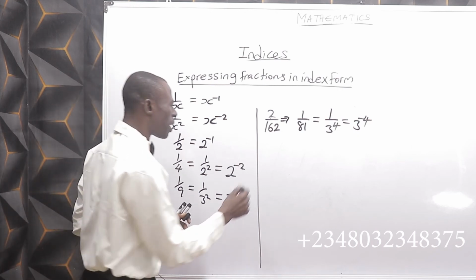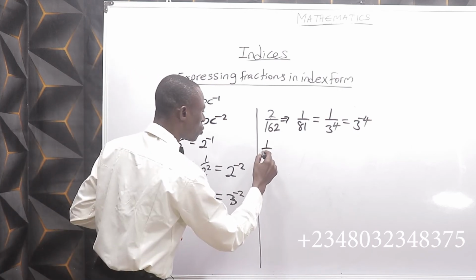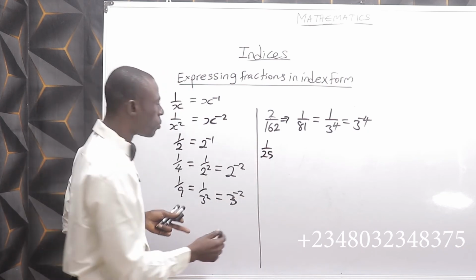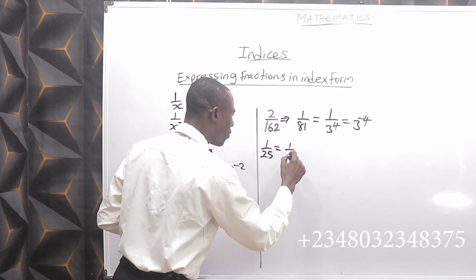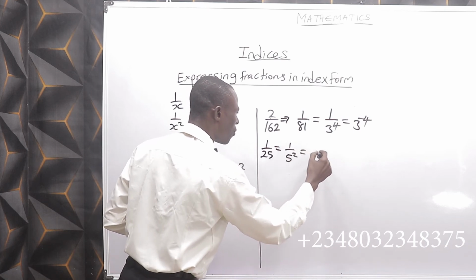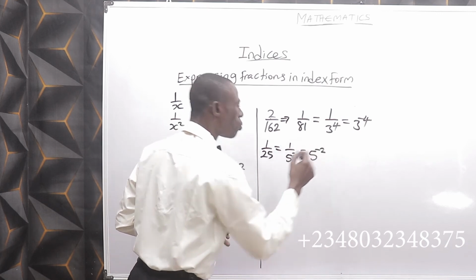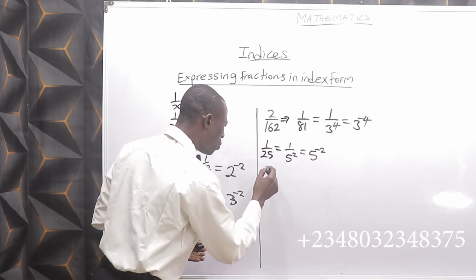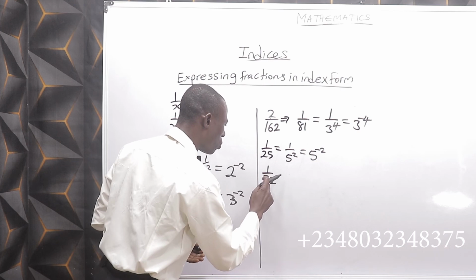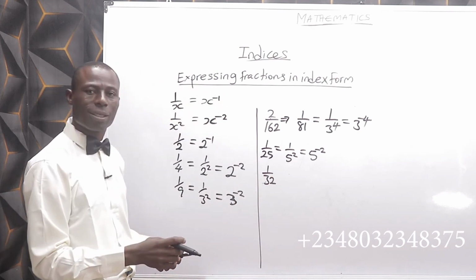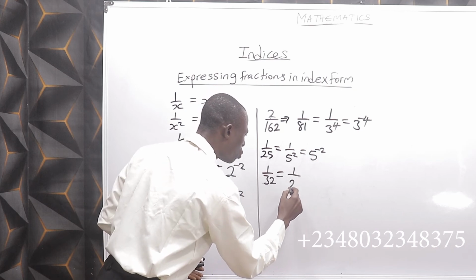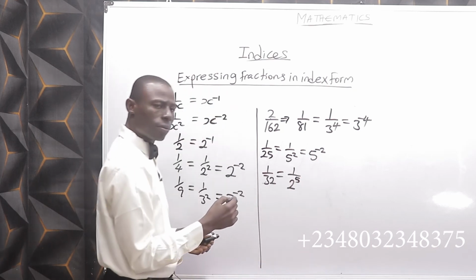So what if you are given 1 over 25? What will happen? You express it as 1 over 5 squared, which is 5 raised to the power minus 2. Let's try 1 over 32. What will this be? This will be 1 over 2 raised to the power 5.